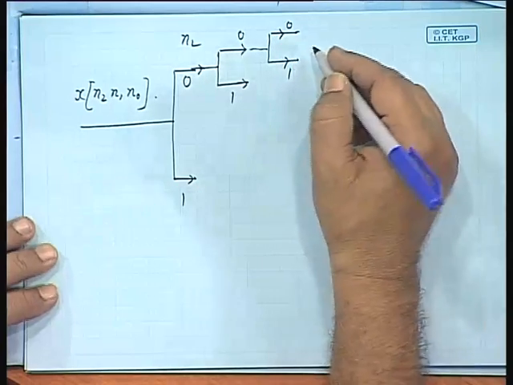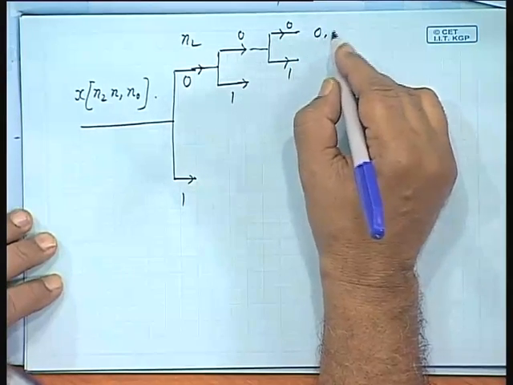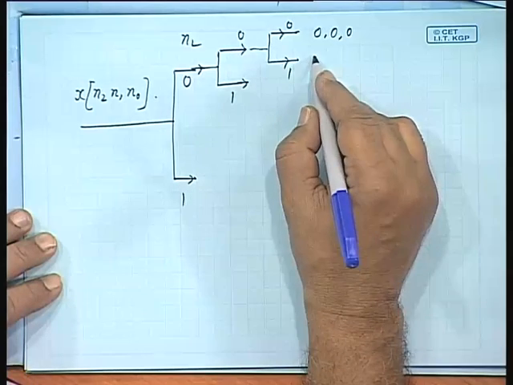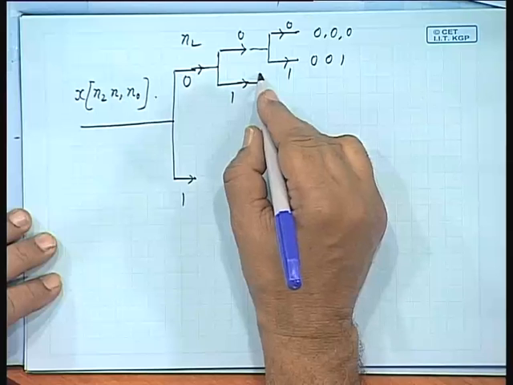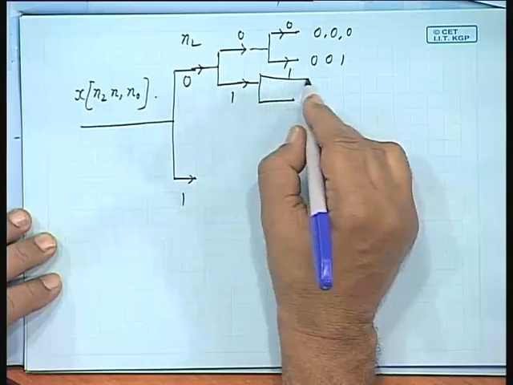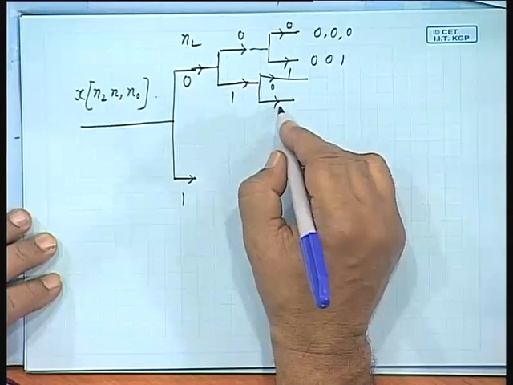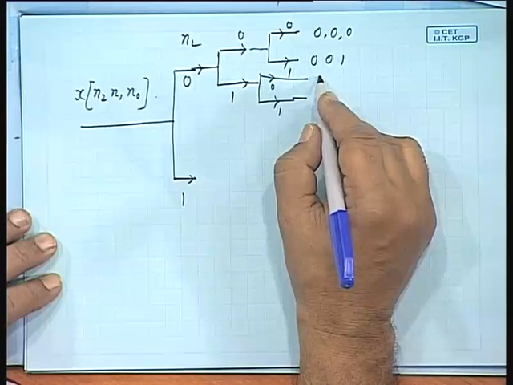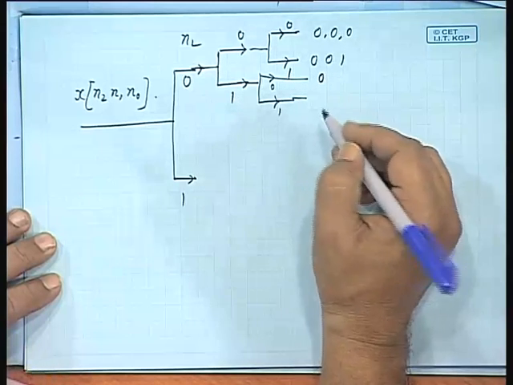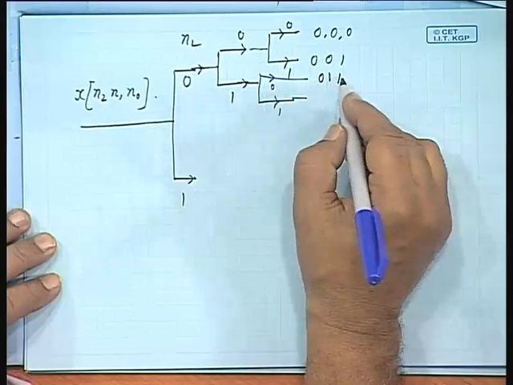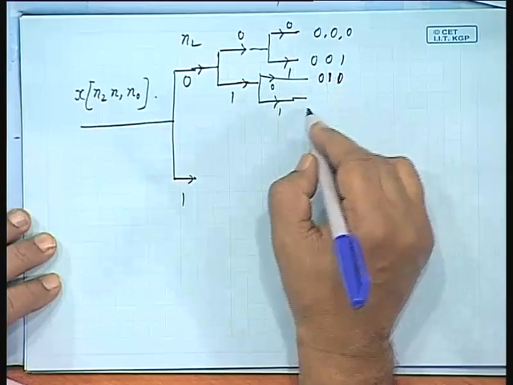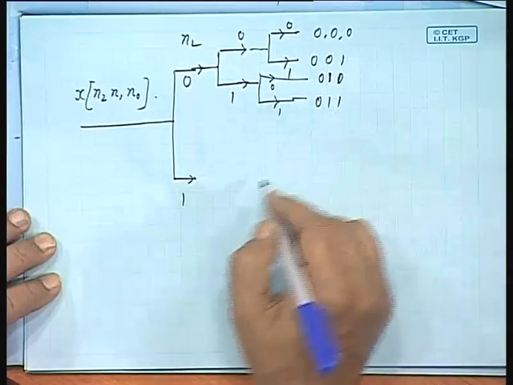Okay. So, this becomes 0 0 0, then 0 0 1. Similarly, this one, 0 and 1. So, this becomes 0 1 0 and 0 1 1.